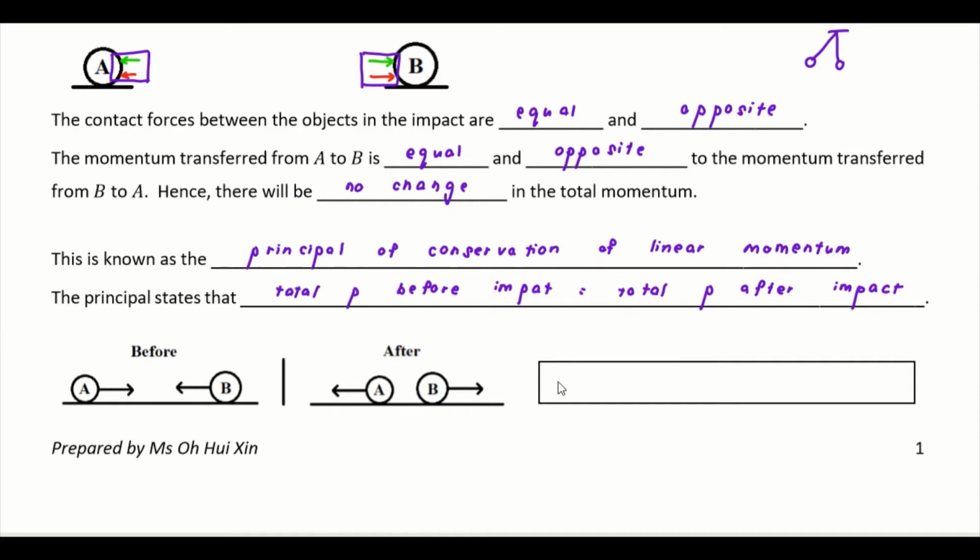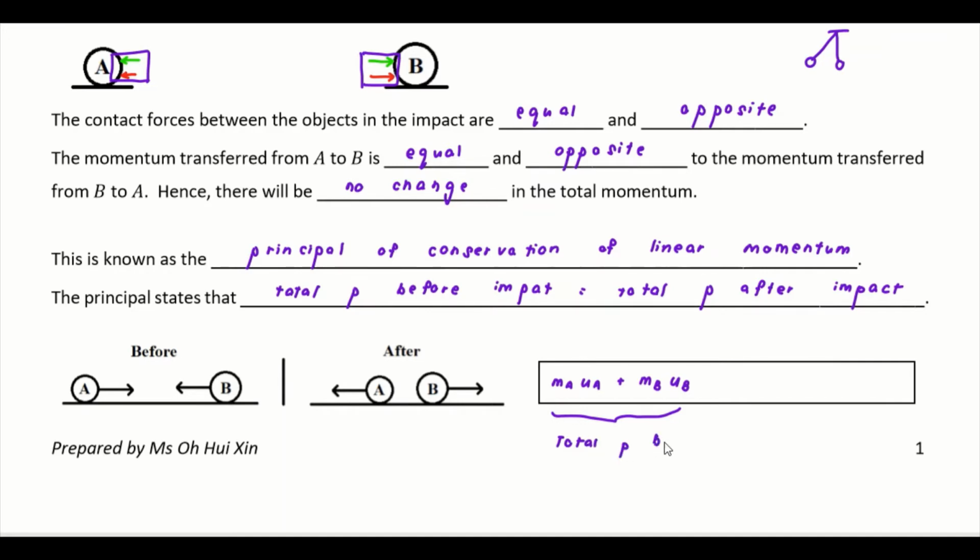We know that the V actually includes the direction already, right? So the mass of A multiplied by the initial velocity of A, plus m_B, the mass of particle B, times the initial velocity of B. This is the total momentum before. Let me write the full thing: total P before.